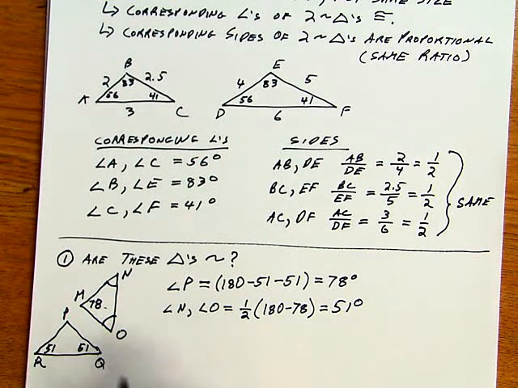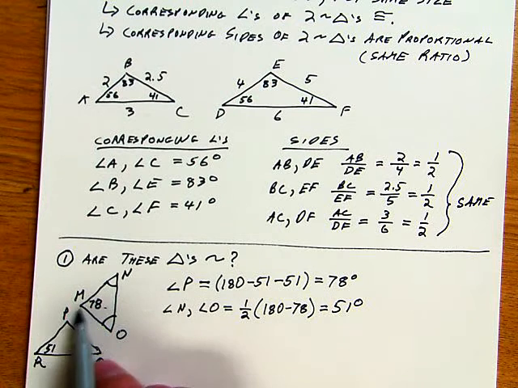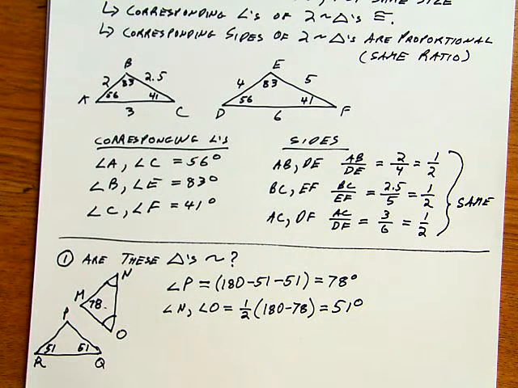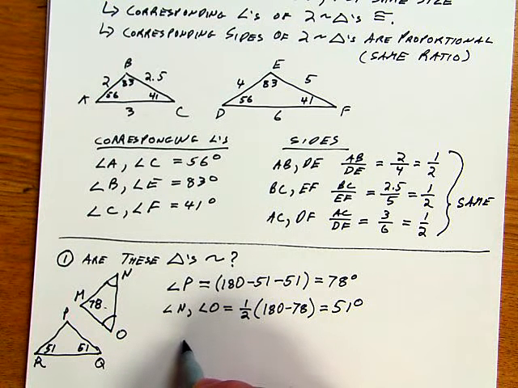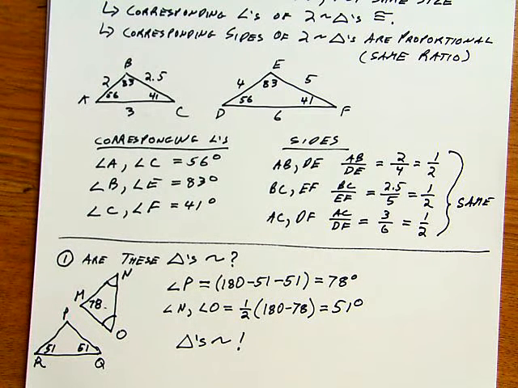So I've now proven that N and O are 51 degrees, which matches down here, and 78, P, matches M, and so all my corresponding angles are congruent, are equal, thus these triangles are similar.